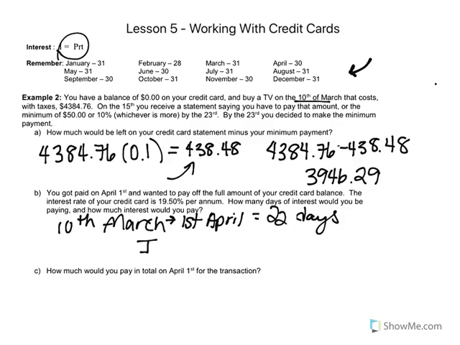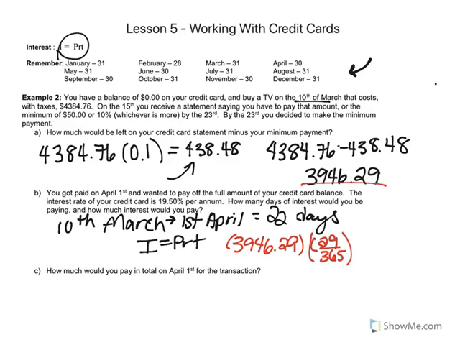So we're going to plug this into the I = PRT formula. Our principal is 3946.29, for 22 days. So we would change that to be 22 out of 365 days because the rate is per year.